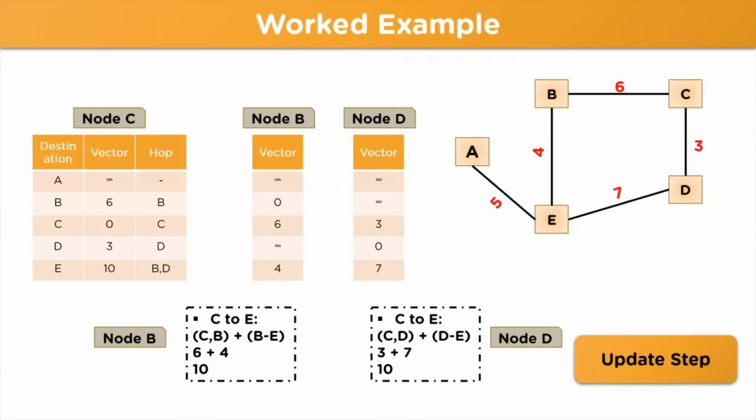That would be distance from C to D and then D to E. And the value would be again 10. So we can use any of the sides to reach the destination node E. By completing all the steps, we have the new table for node C. Similarly, we can find the routing table for all the nodes present.